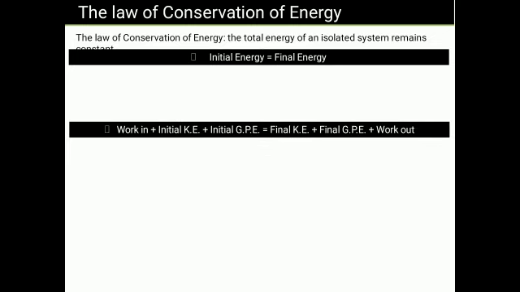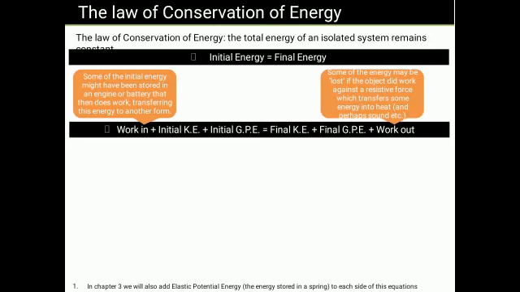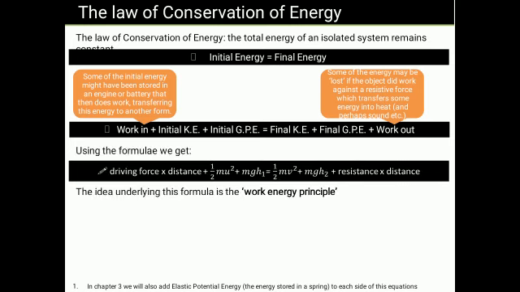The work done in plus initial kinetic energy plus initial potential energy equals final potential energy plus final kinetic energy plus final work out. The initial energy might have been stored, for example in a battery, which transfers energy from one particle to another.